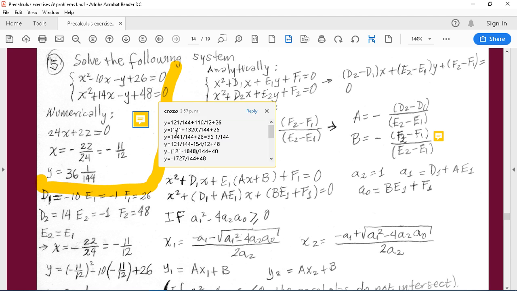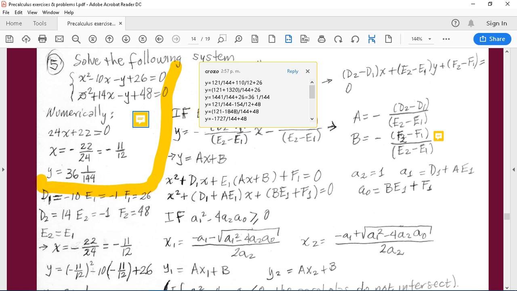Replacing that in either one of the two equations, here we can try with the first one.